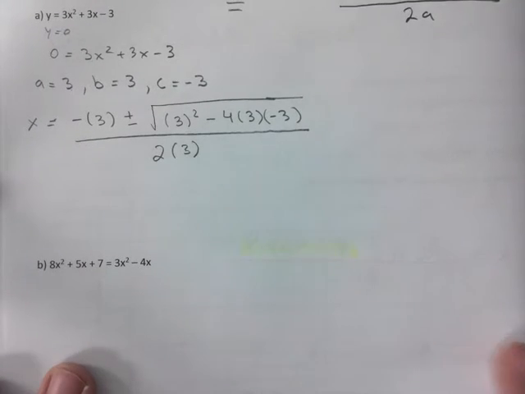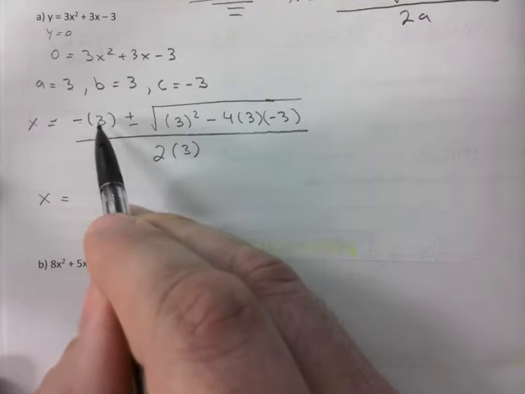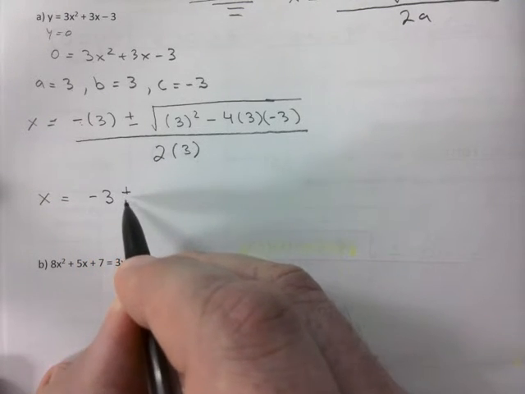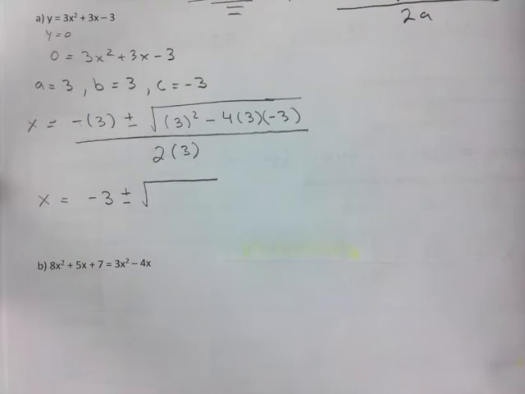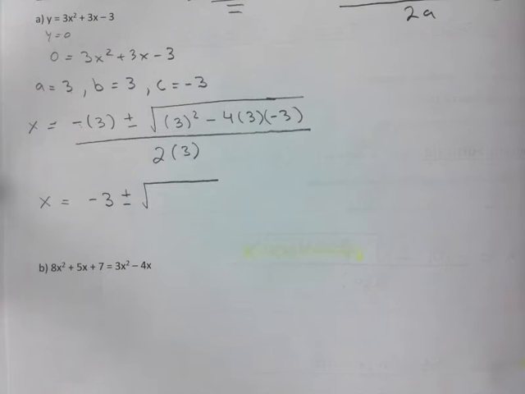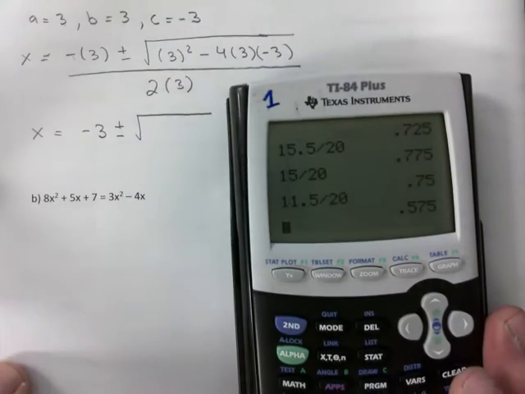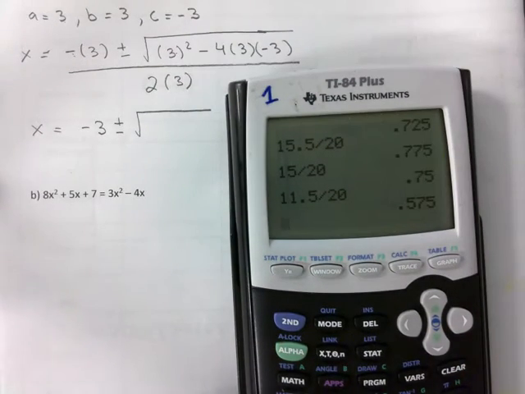And then we clean it up. This is what I do with cleaning up. Negative 1 times 3 is just negative 3, plus or minus square root. And watch what I do here. Grab your calculator. I want to make sure you get this right every time. So you basically just do what is there. You need to watch out for the brackets.